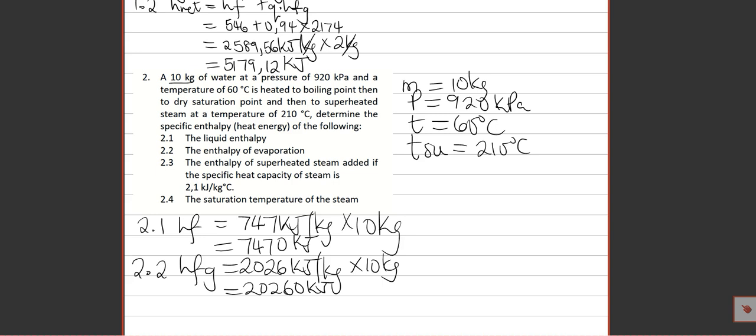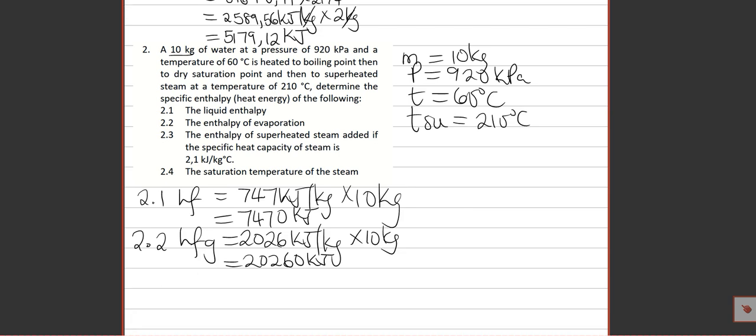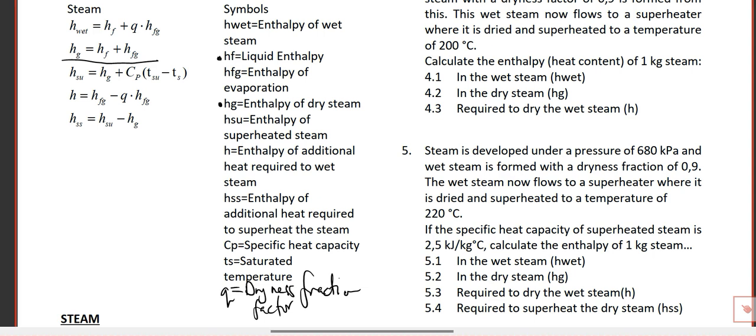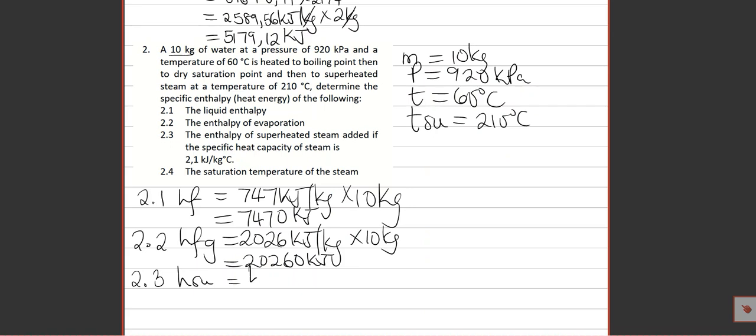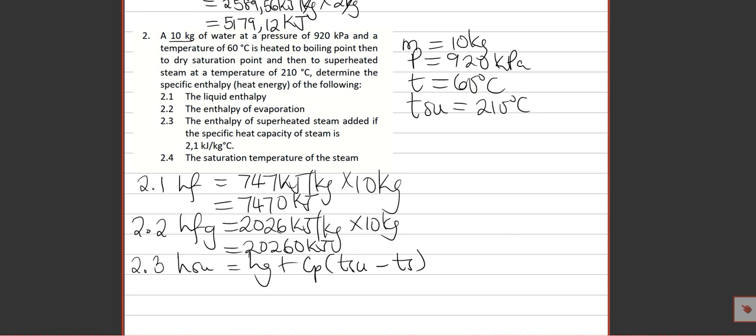2.3 says the enthalpy of the superheated steam, if the specific heat capacity of steam is 2.1. So for superheated steam, you're saying HSU equals, let's check the formula. The formula says Hg plus Cp into TSU minus TS.